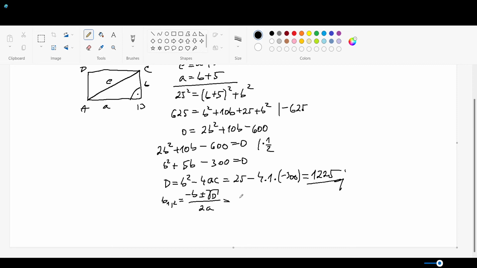So my numbers are minus 5 plus minus square root of 1225, divided by 2. Now our challenge is to find the square root of 1225. So how do we do it? I was explaining that on Friday during my lesson, and I will try to do it again.